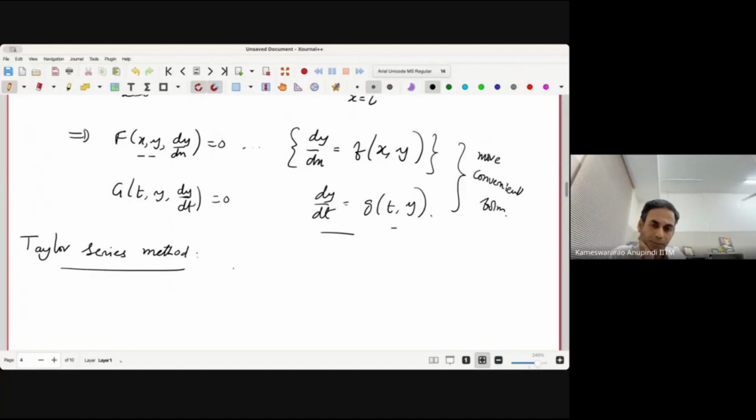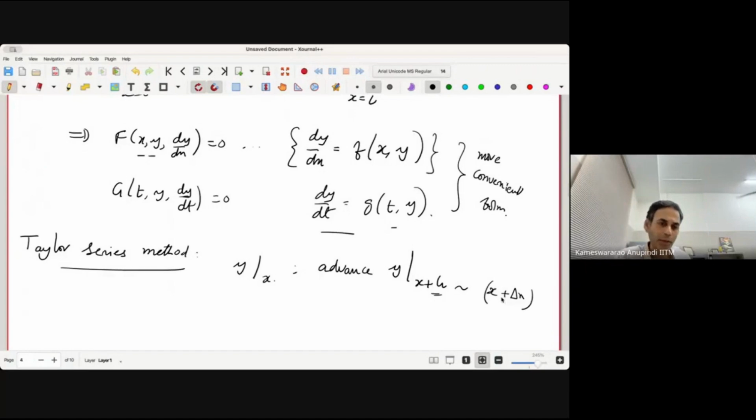So we are given the function dy dx equals f of xy. Okay, and then we are also given what is the y value at some x. Okay, now we need to advance and calculate what is the y value at x plus h. Okay, h is basically your delta x. That means you want to calculate at x plus delta x. Okay, that is what we want to do.